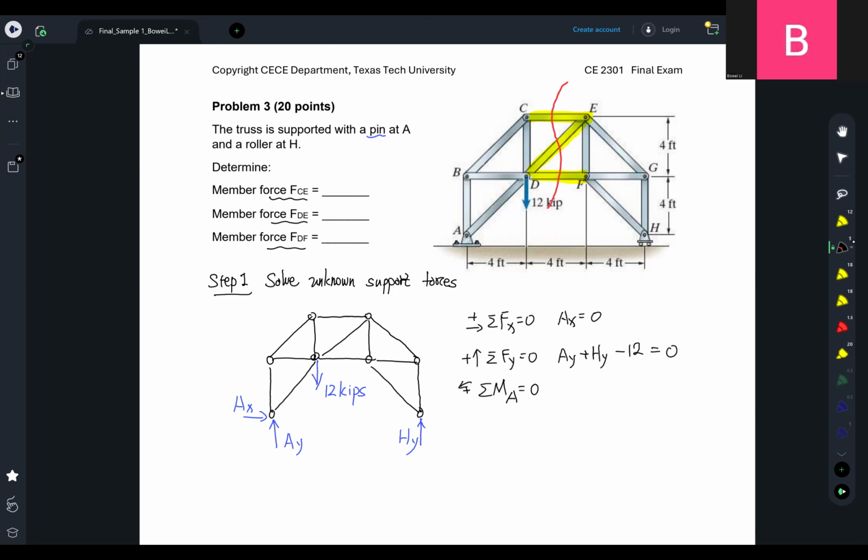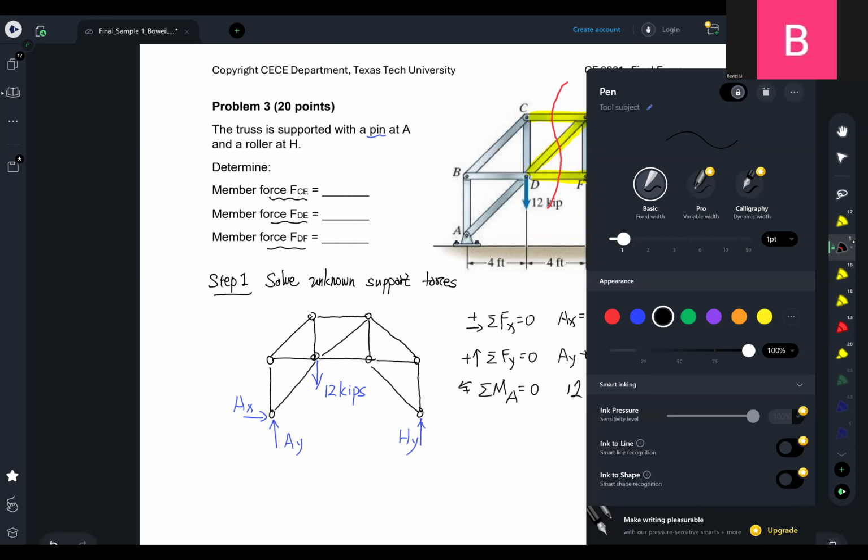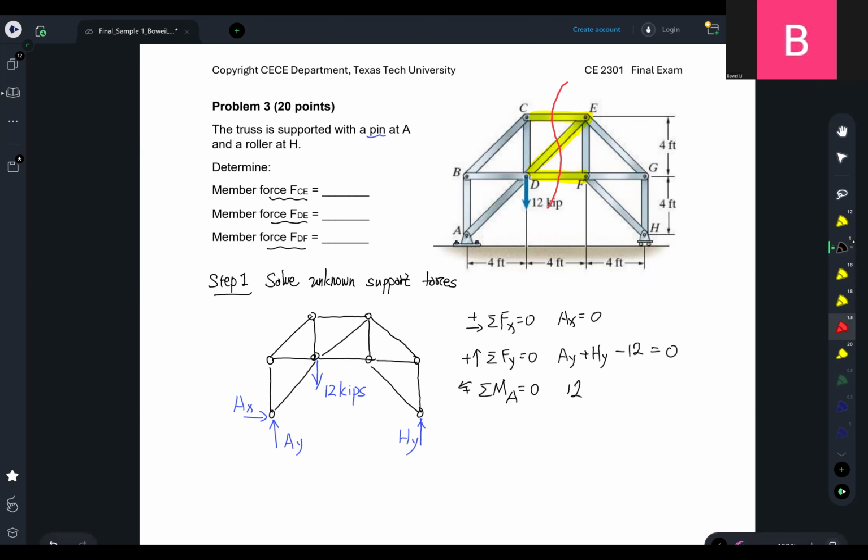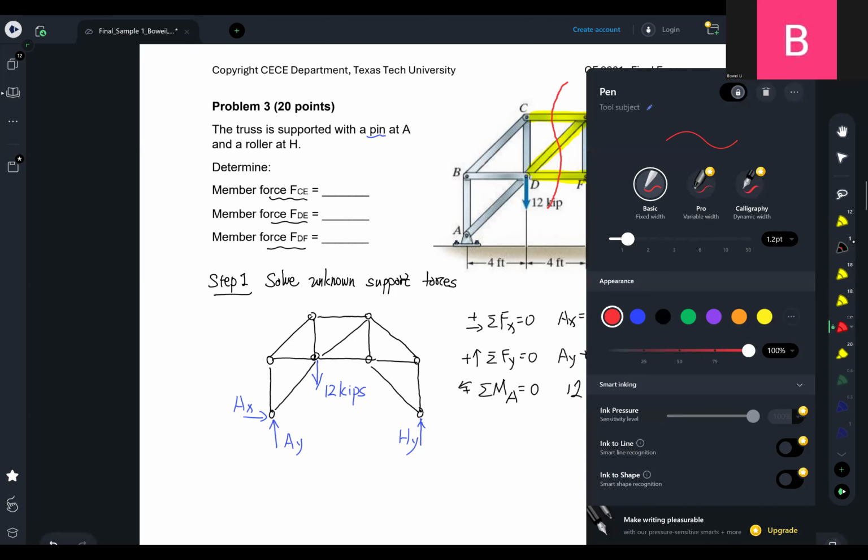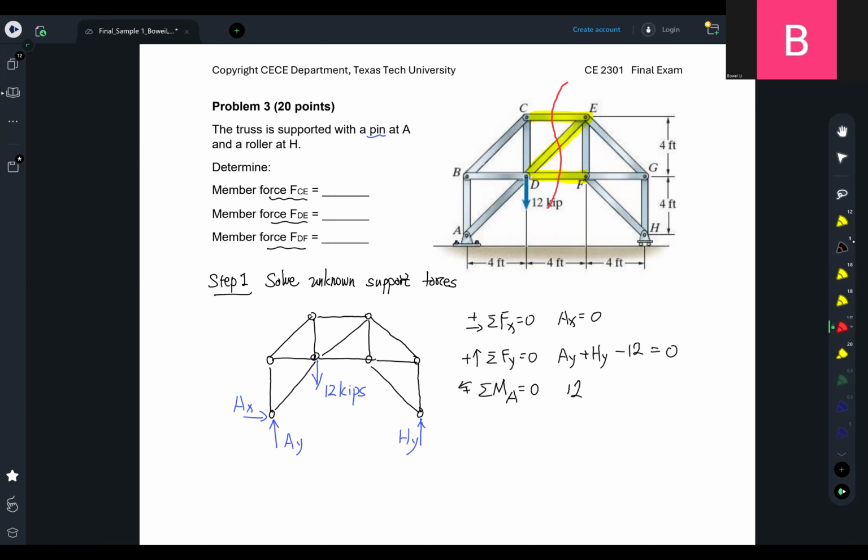First, the external force, whose magnitude is 12, times the distance between its line of action and point A, which is 4. So it is 12 times 4.